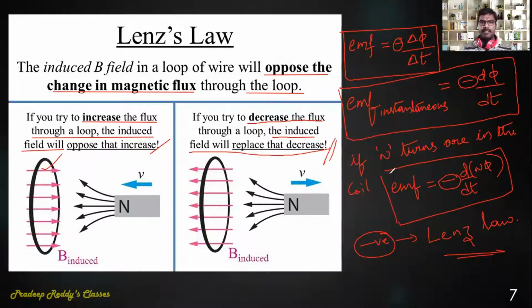How much is being decreased, that much will be increased in the coil linked with it. Therefore, Lenz's law states that the magnetic field induced or the EMF induced within the coil is in such a way that it opposes the change in magnetic flux. It only gives the significance of that negative sign.